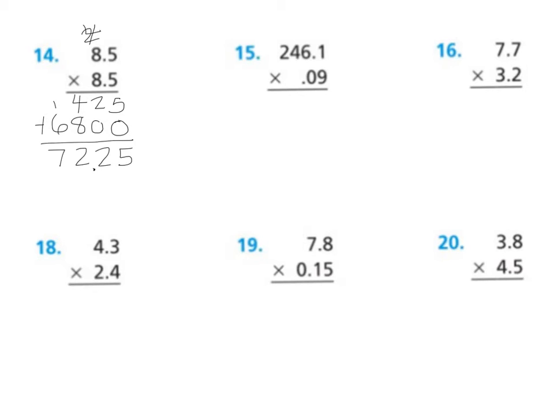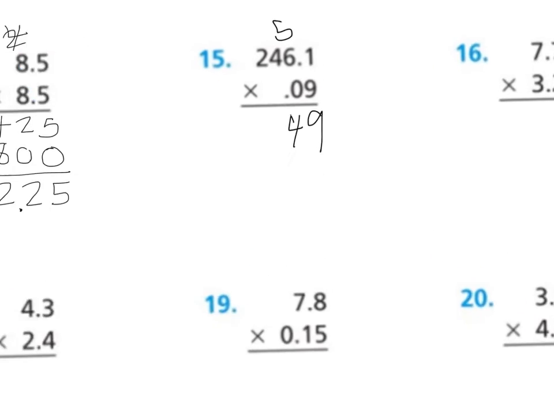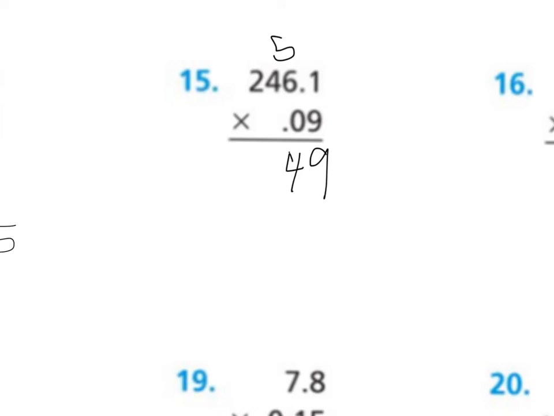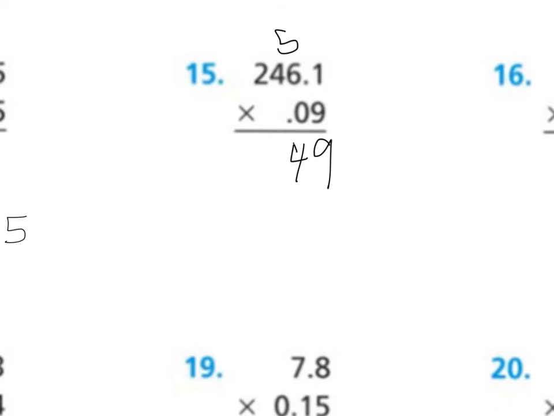So let's do 1 times 9 is 9. 9 times 6 is 54. It's going to be hard for me to line these up because I don't have my stylus, so I'm going to try my hardest. I'm sorry, guys. 9 times 4 is 36 plus 5 is 41. 9 times 2 is 18. 18 plus 4 is 22.